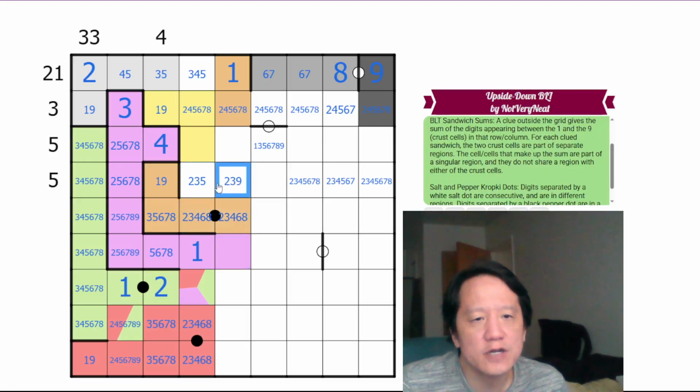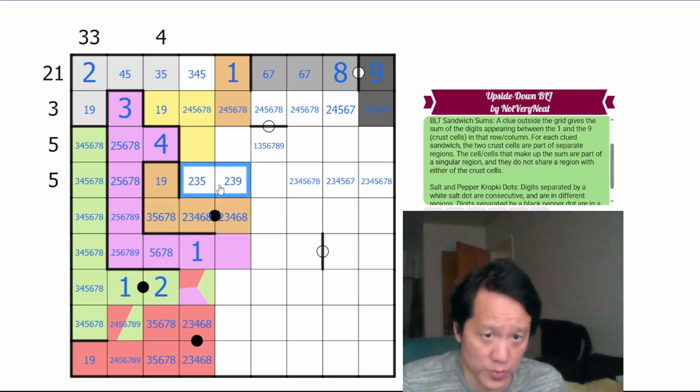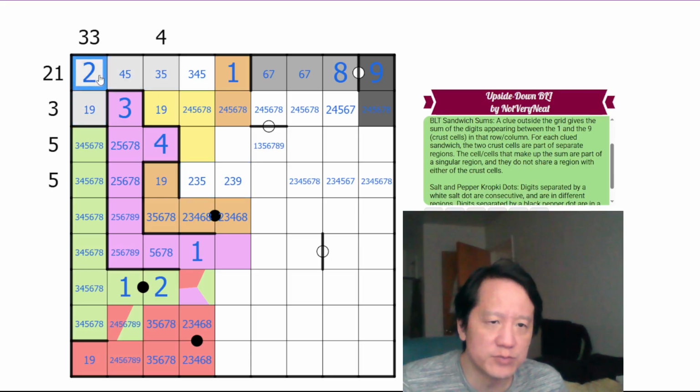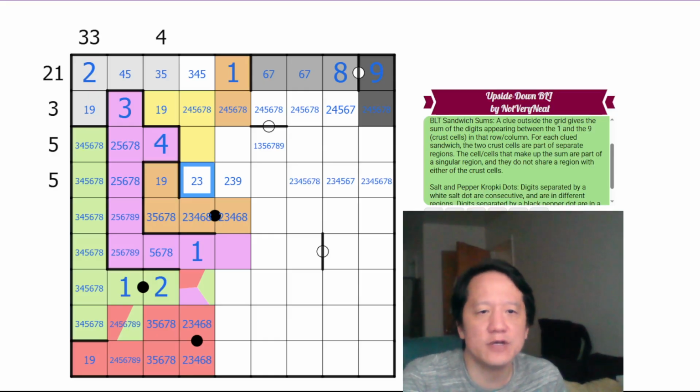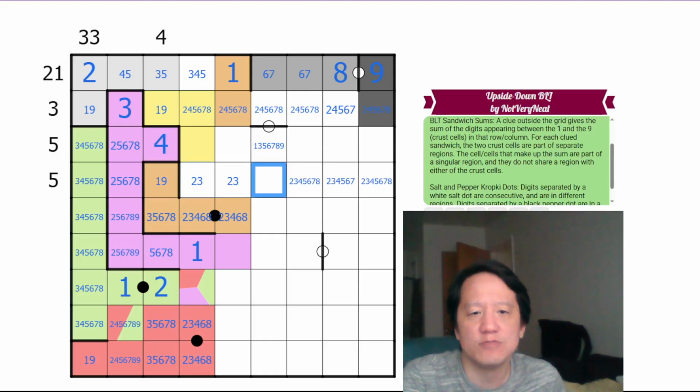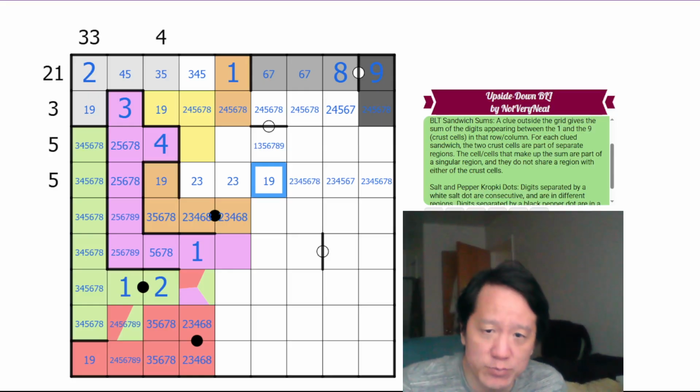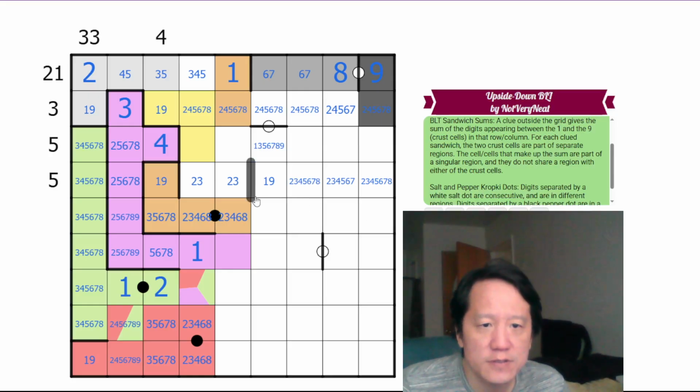How does this connect then? If this is 2, 3, it cannot be part of the light region because we already have a 2 in that cell. So say this was 2, 3. If we have 2, 3, and this is 1 or 9, these would be different regions.